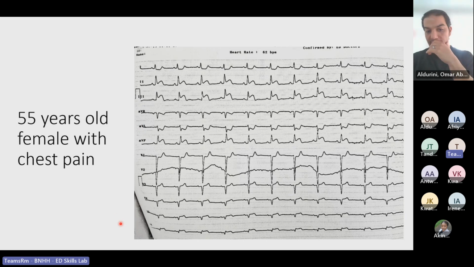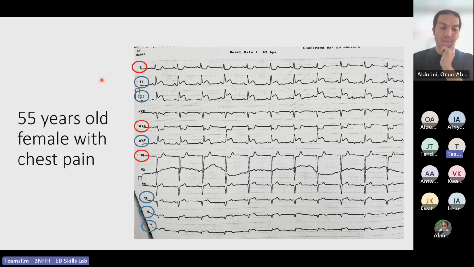And we can say that we have an ST segment elevation, sorry, from V4, V5 and V6, but it's more clear in V5 and V6 than V4. So we can say it's an inferior wall STEMI, 2, 3, and AVF, including part of the lateral wall and with reciprocal changes in the lateral wall itself as well.